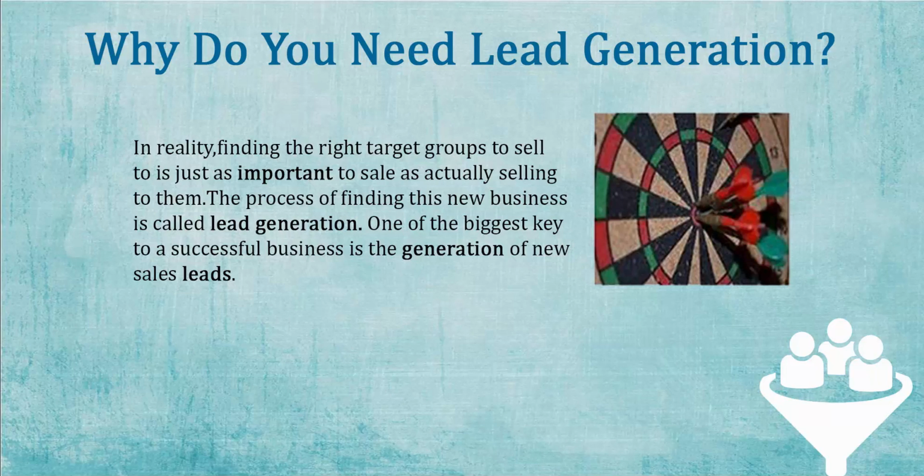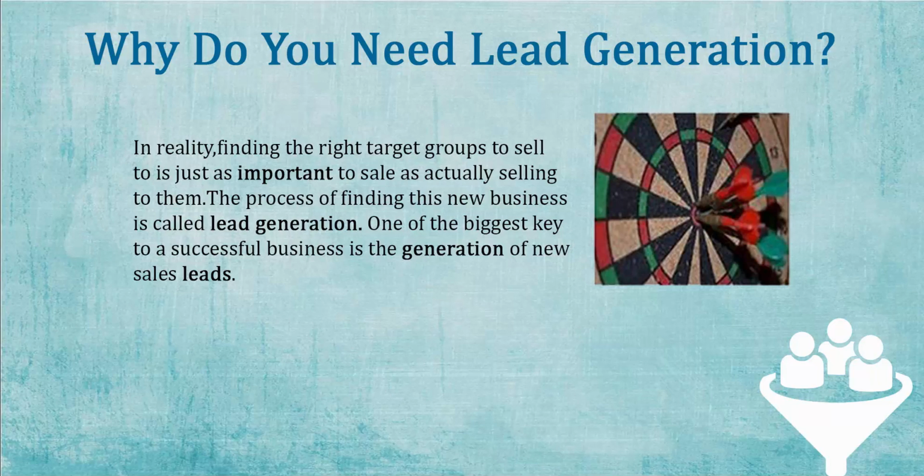Going further, the main important pointer in relation to this is to understand the importance of lead generation, and the right method and direction through which one should be doing it. As you can see defined here on screen, finding your right target group is as important to sales as actually selling to them.